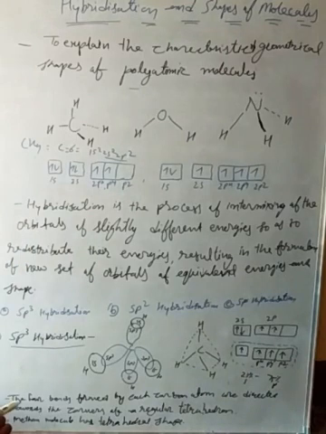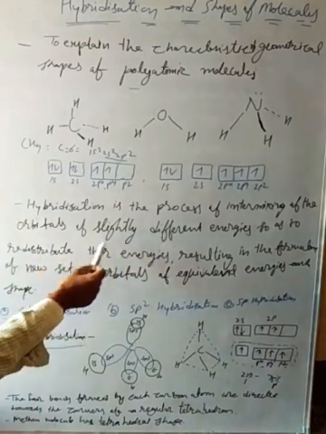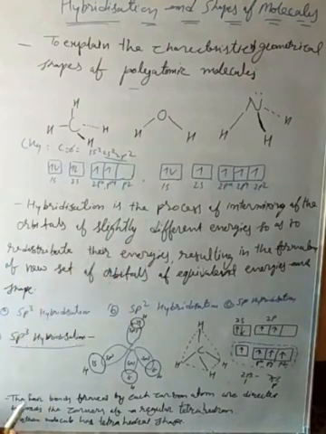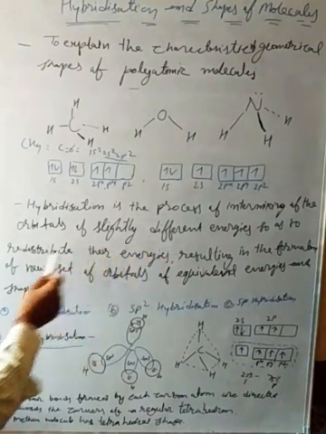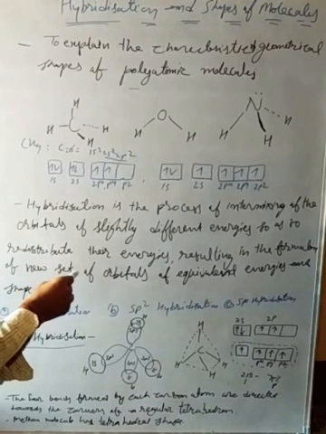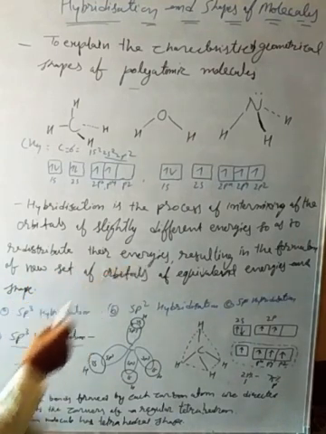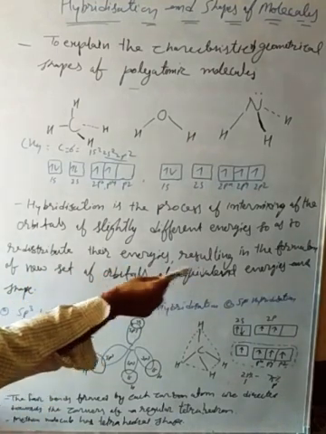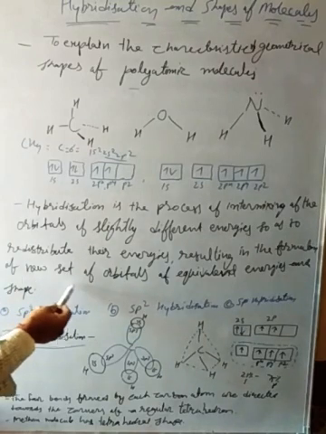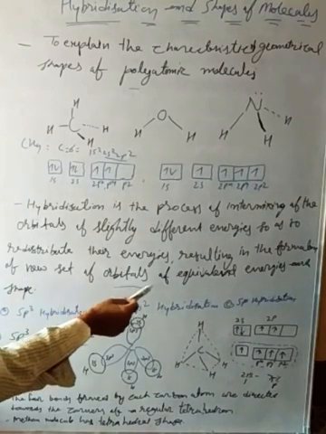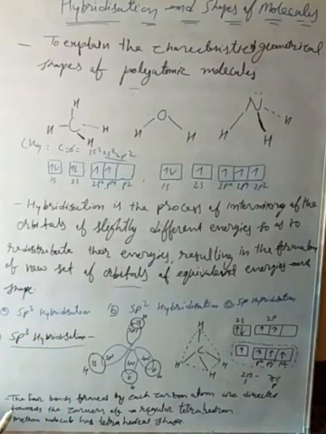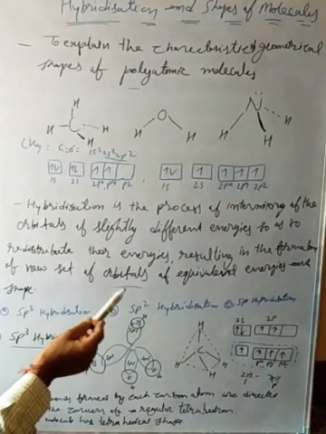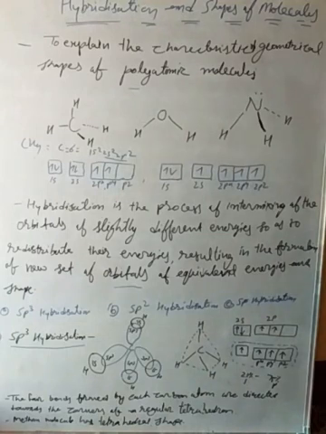Hybridization is the process of intermixing of orbitals of slightly different energy so as to redistribute their energy, resulting in the formation of a new set of orbitals of equivalent energy and shape.